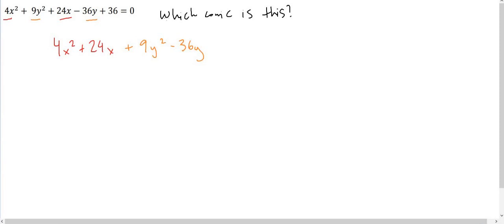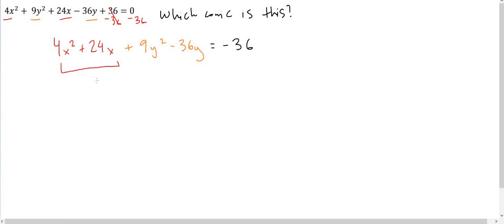And now we're going to move this 36 over, so we're going to subtract the 36 from both sides. If I do a minus 36 here, this cancels, and we get a negative 36 on the right, equals negative 36.